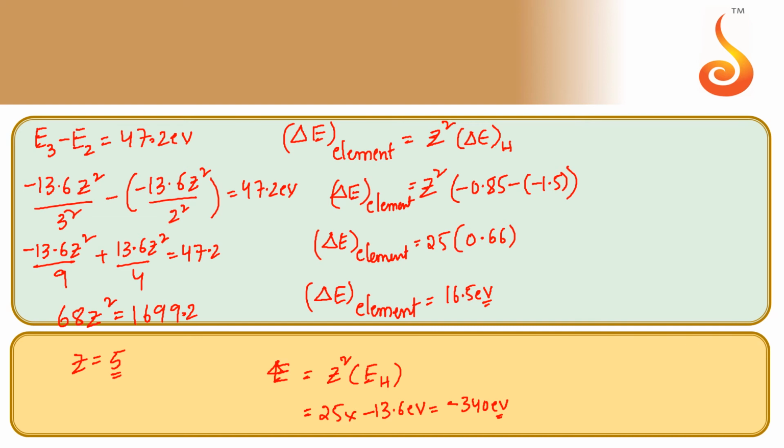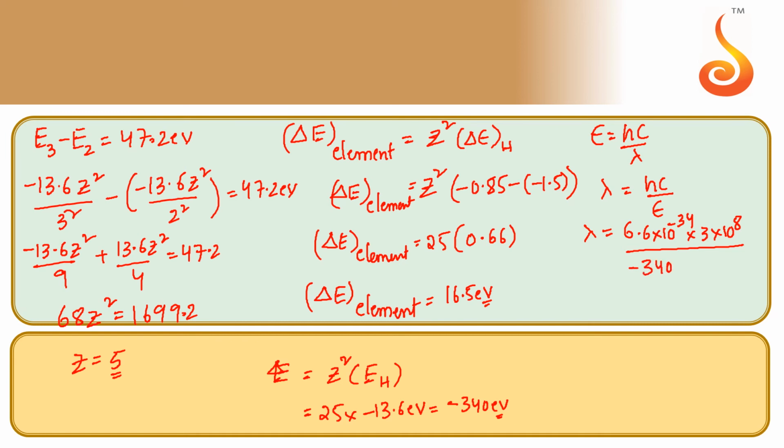Since we need to calculate the wavelength, the energy of the electron in the given element at the ground state is equal to hc by lambda. So we can calculate lambda is equal to hc by energy. So lambda is equal to h, which is 6.6 into 10 power minus 34, and c is 3 into 10 power 8, and energy is 340.